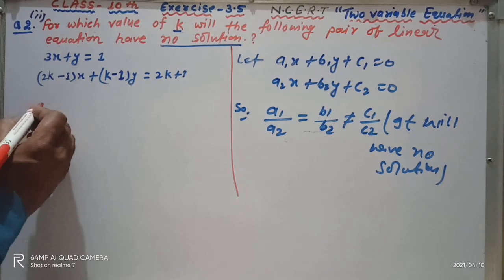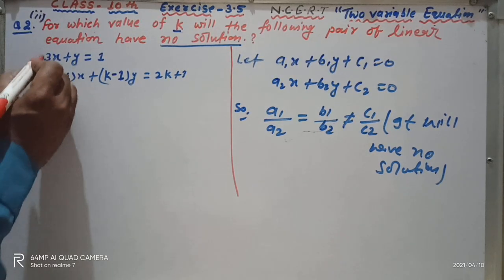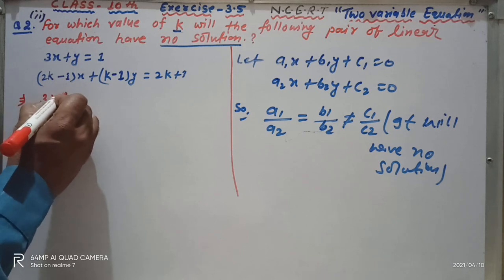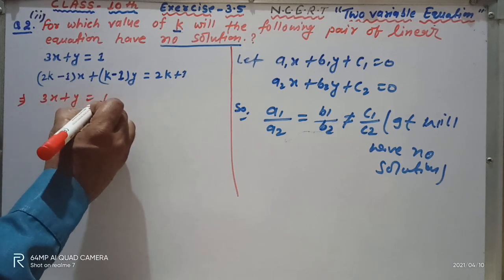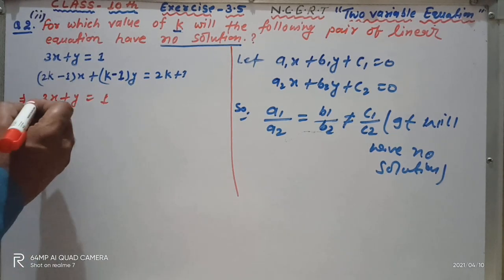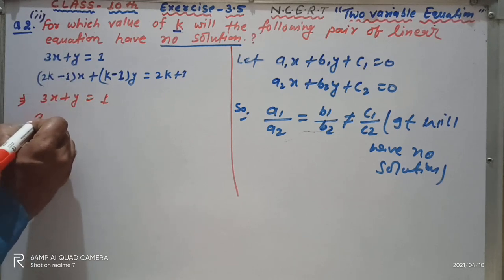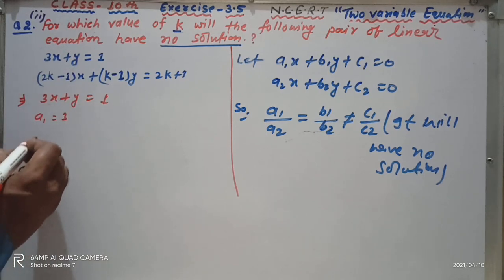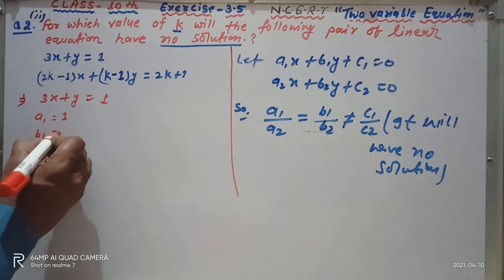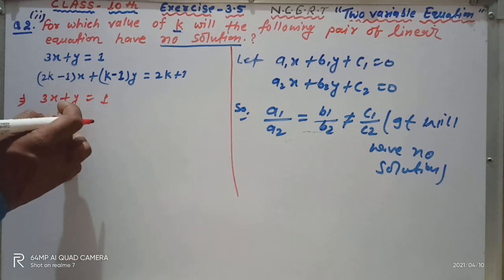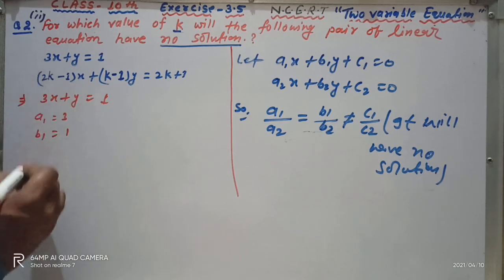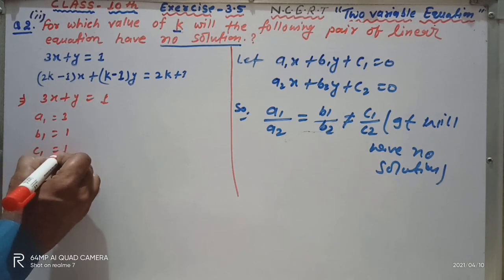You can see here the equation is 3x plus y is equal to 1. So from here, a1 is equal to 3, b1 is equal to 1, because the coefficient of y is 1, and c1 is equal to 1.